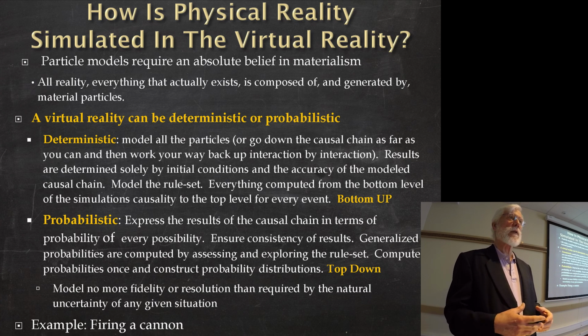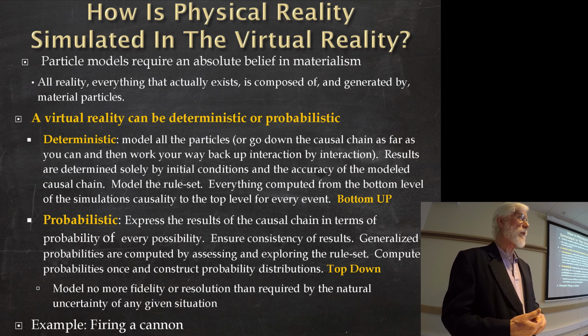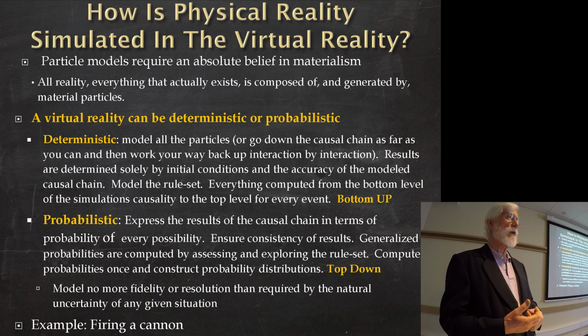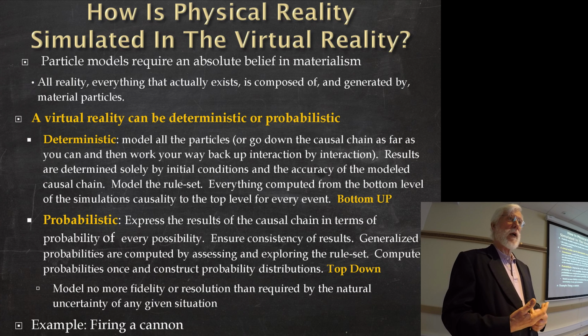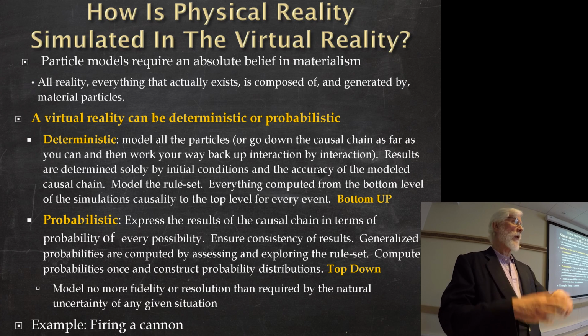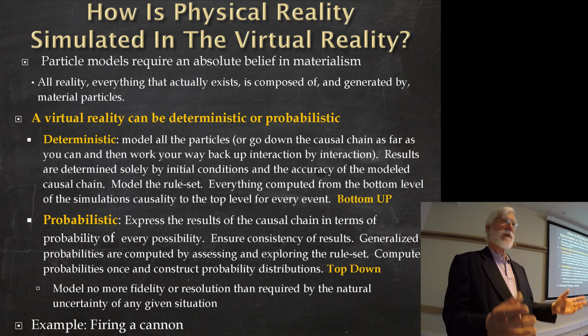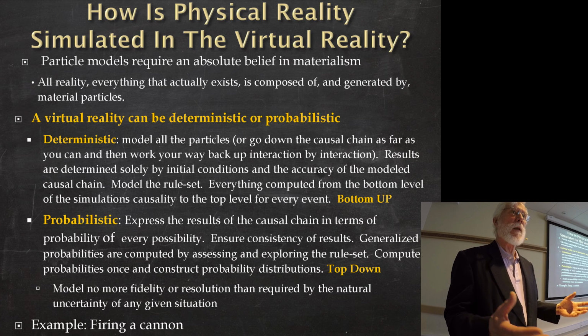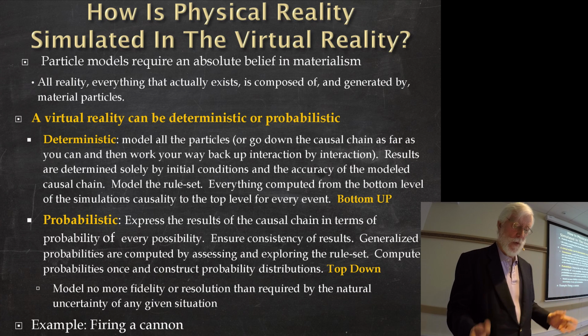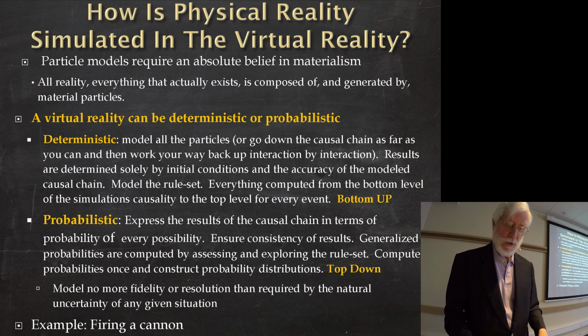So you have to take the trouble to make good probability distributions. Now, if your probability distribution is very, very accurate, then it requires a whole lot of time and data to make that probability distribution. Now you're back into a lot of computer time again. So I'm just giving you some of the trades of how that works, and we're going to take a look at these two possibilities.